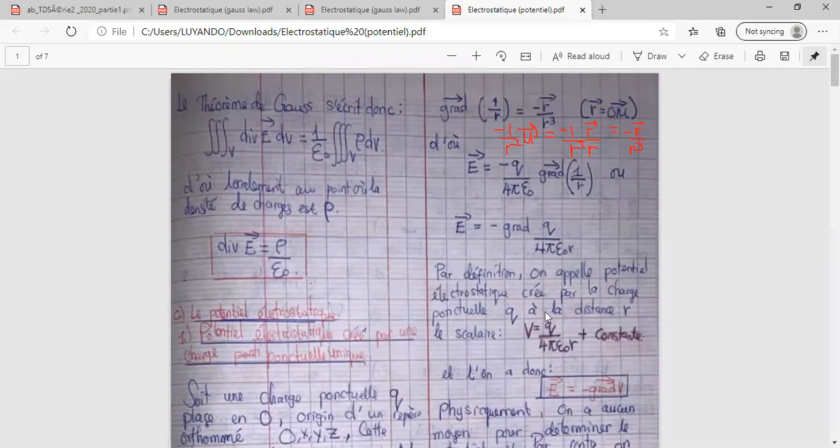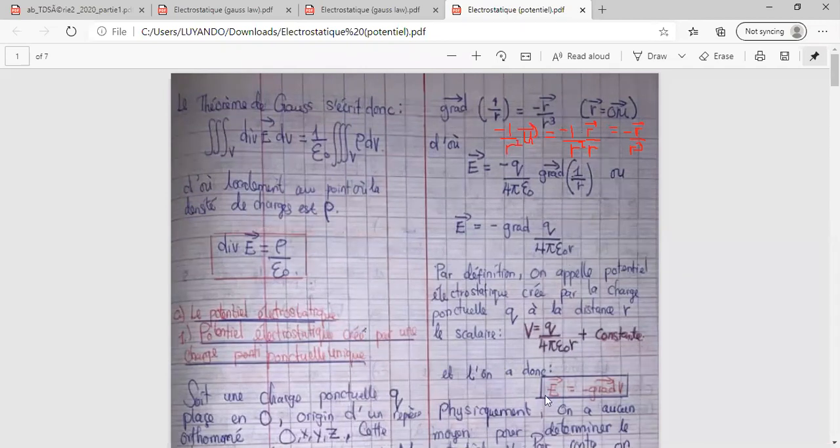And then after I find this, my V comes in. We're told that potential is equal to Q over 4 pi epsilon R plus a constant. In this situation, we're going to say that our constant is equal to 0. So our V is solely equal to Q over 4 pi epsilon R, which we can replace here.